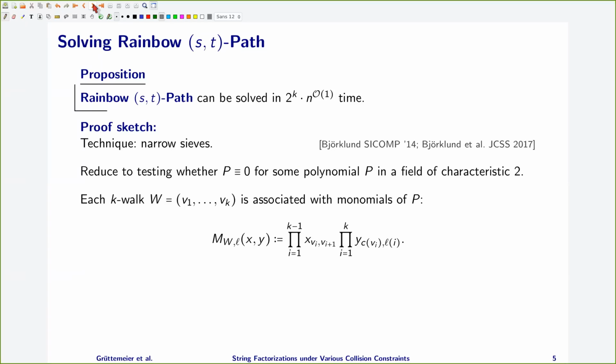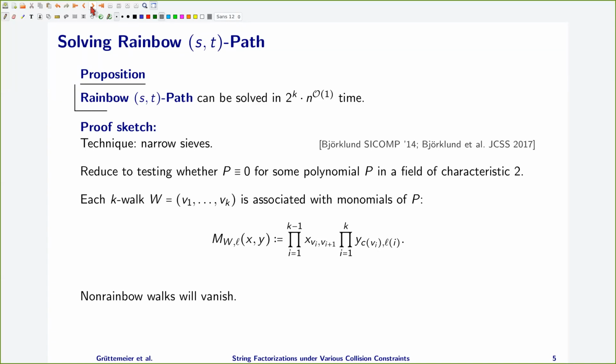And this polynomial consists of monomials for the k walks of the graph, and you have variables for the edges and variables for colors, and then there's something called a label of each vertex. And these labels are the technical part where you make sure that this polynomial is really identically 0 if and only if the instance does not contain a path.